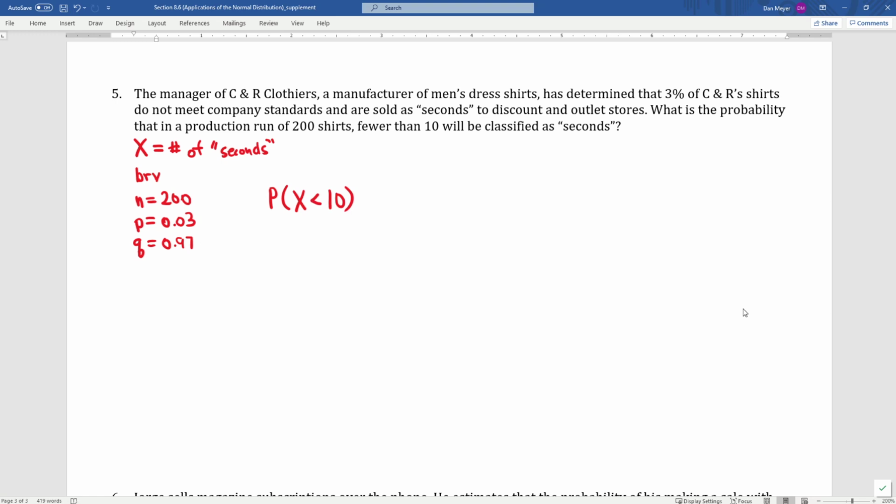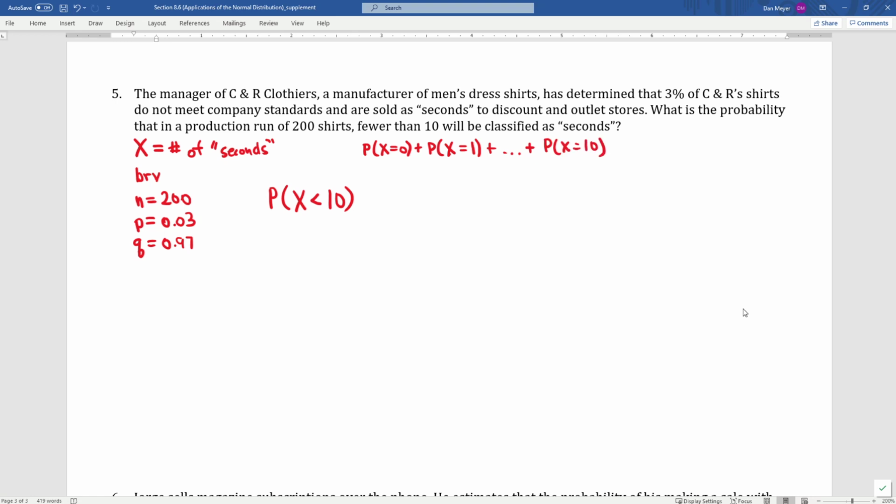Now if we were going to do this problem the normal way, we would need to find the probability that there were 0 bad shirts plus the probability that there was 1 bad shirt plus yada yada yada all the way up to the probability that there were 9 bad shirts.